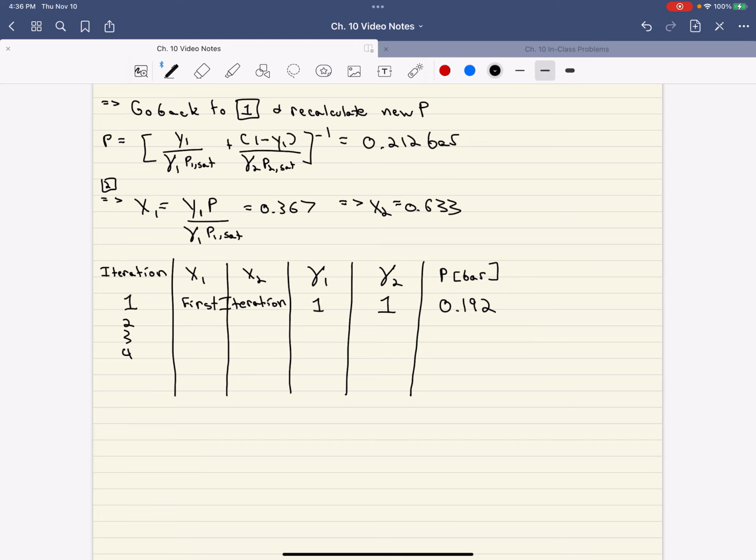And then we estimate mole fractions. We estimate new gamma 1s and gamma 2s. Right? And then we keep updating all these values.